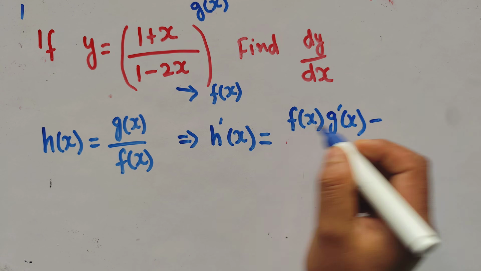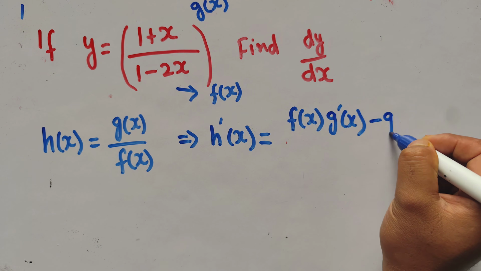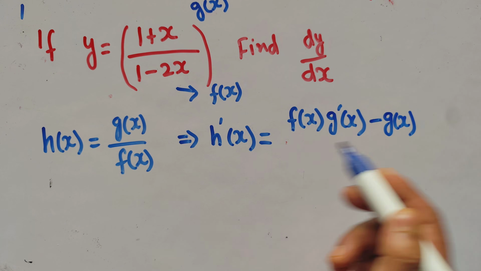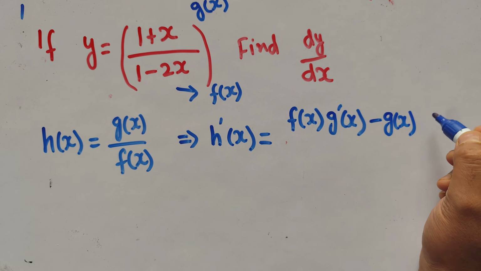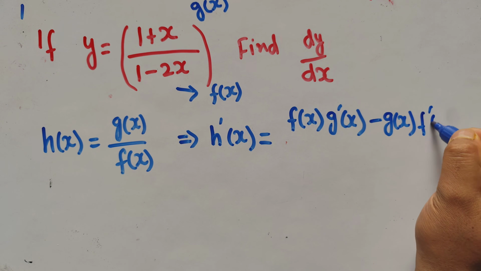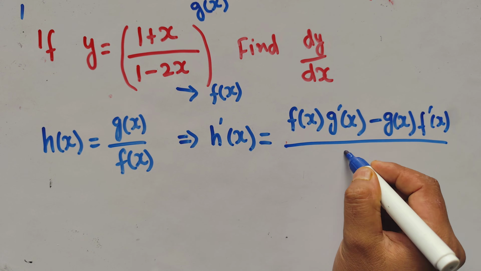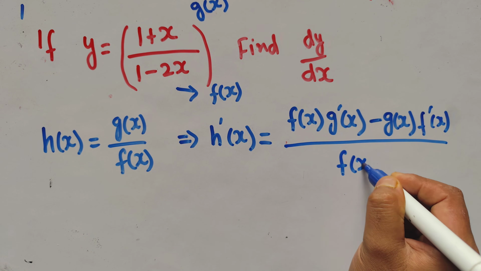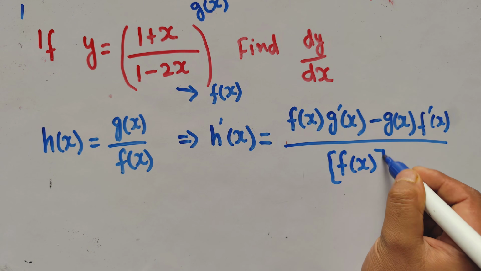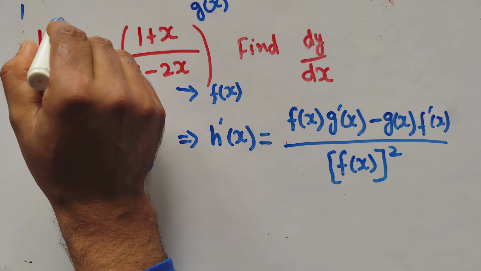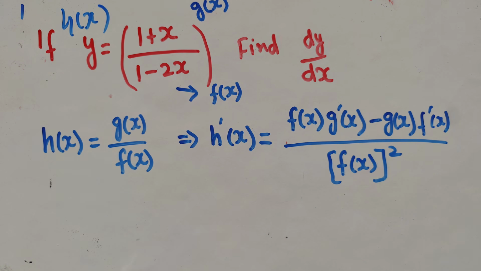Then we subtract the numerator function g of x multiplied with the derivative of the denominator function, f prime x, and we divide it by the denominator function f of x whole squared. Let us say y is our h of x. Using this we can solve the question.